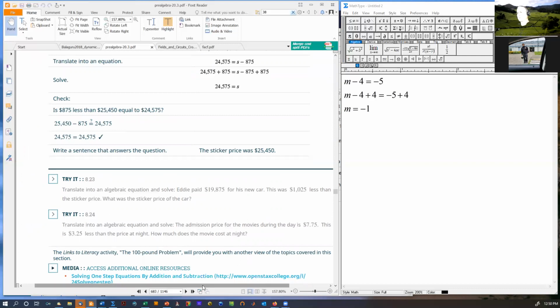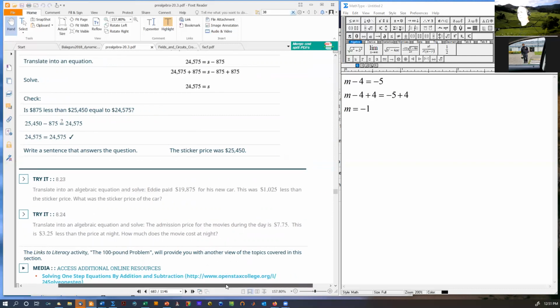So let's do one more of these as an example, okay. Eddie paid $19,875 for his new car. This was $1,025 less than the sticker price. So we could say that S minus 1025 is equal to 19,875, right?